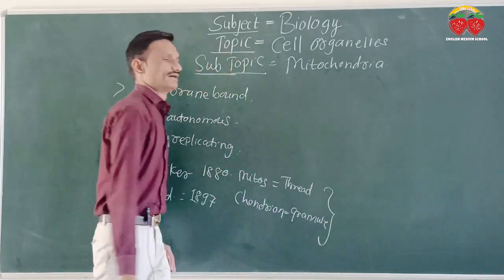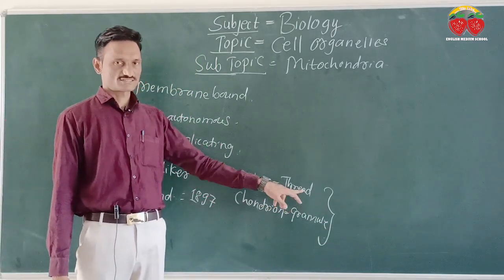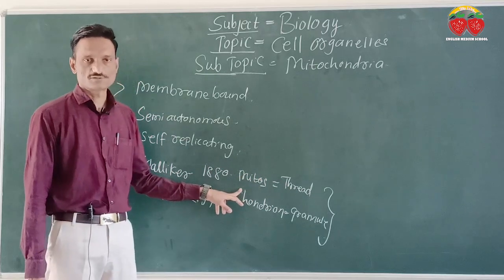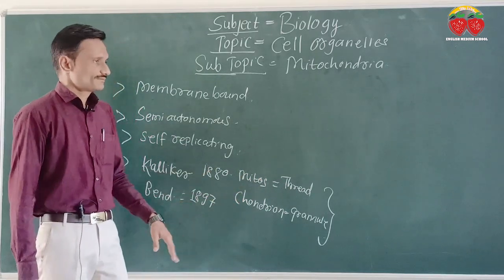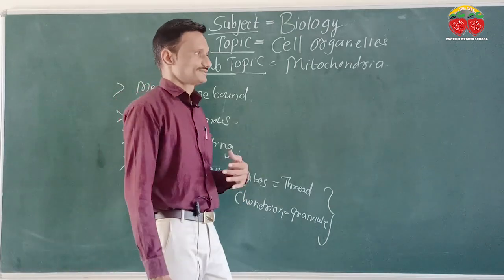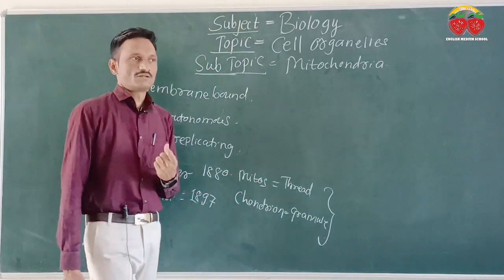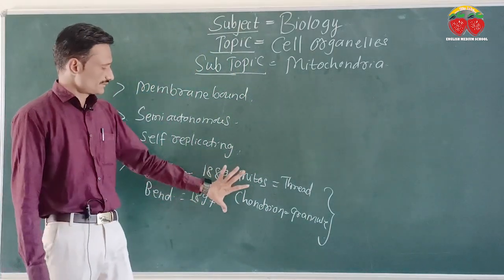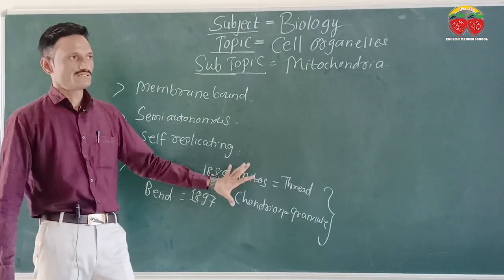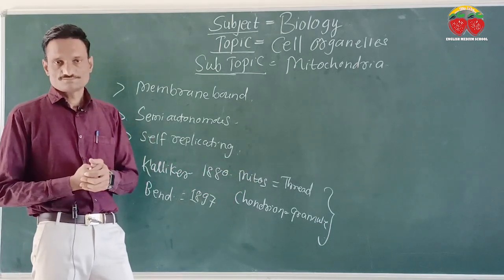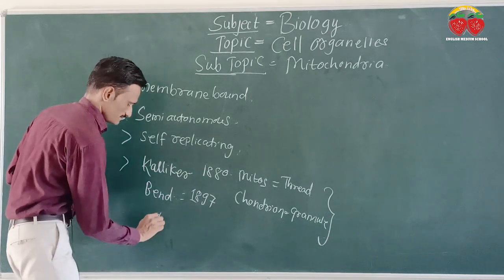So mitochondria is what? It is a granular thread-like structure present in the cytoplasm of almost all eukaryotic cells. If you check their morphology, under the light microscope, when we observe this mitochondria, it requires a specific stain first, and the name of that stain is Janus green.